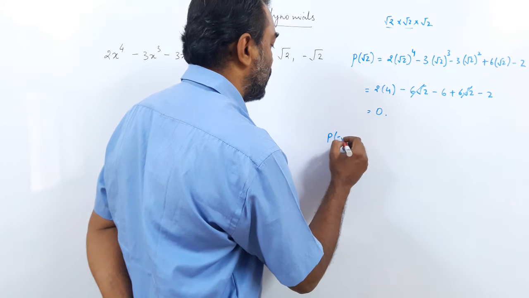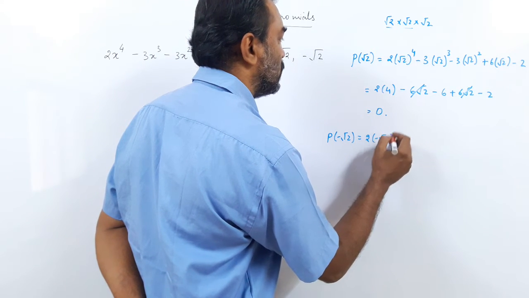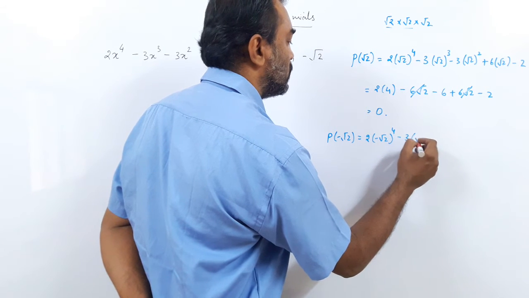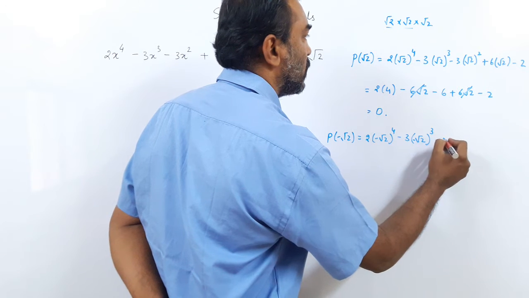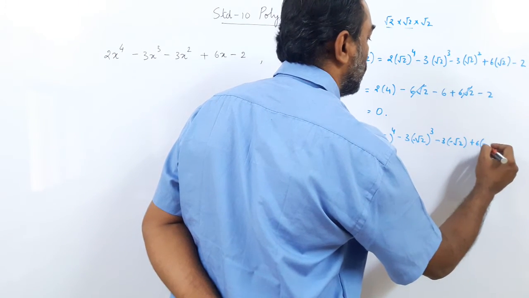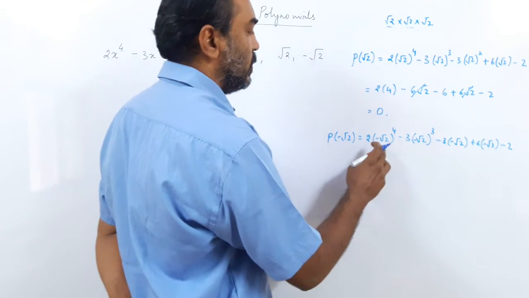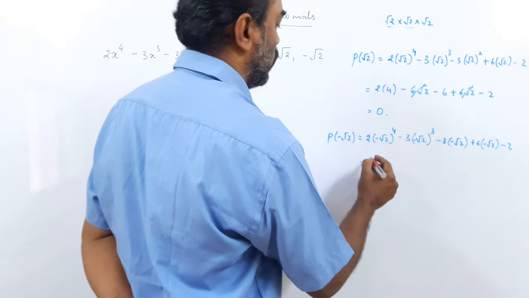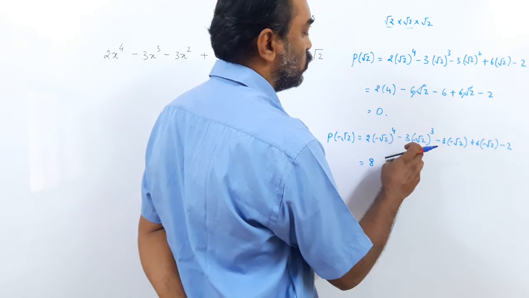Let us try p of minus root 2. So we get 2 into minus root 2 raised to the power 4, minus 3 into minus root 2 to the power 3, plus 6 into minus root 2 minus 2. Now here it's an even power, so we'll get 4, so again 2 4s are 8, but here we'll get minus 2 root 2 for the cube.